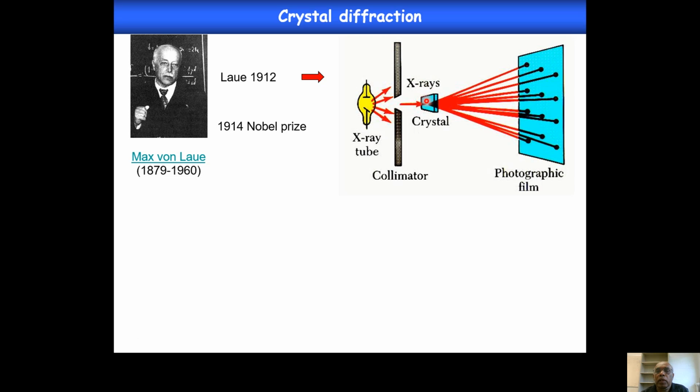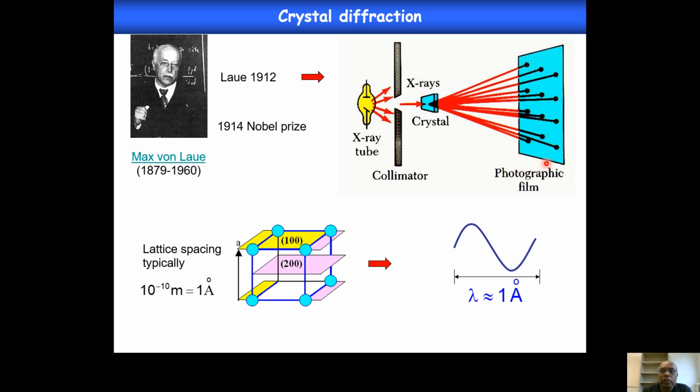When incident on the crystal, it formed a very regular pattern of spots, which we call the diffraction pattern, on a photographic film. This started the work of diffraction, basically to study atomic configurations and crystalline structure of solids.